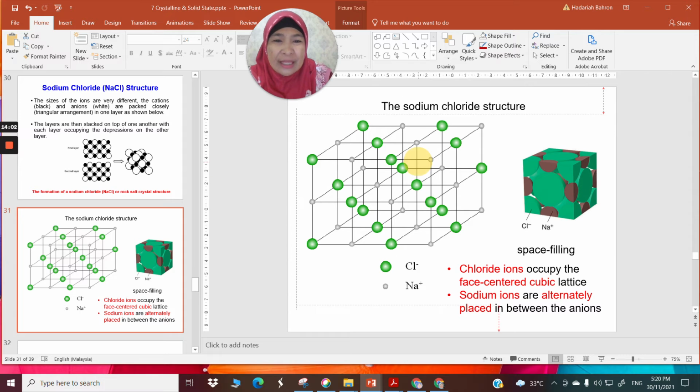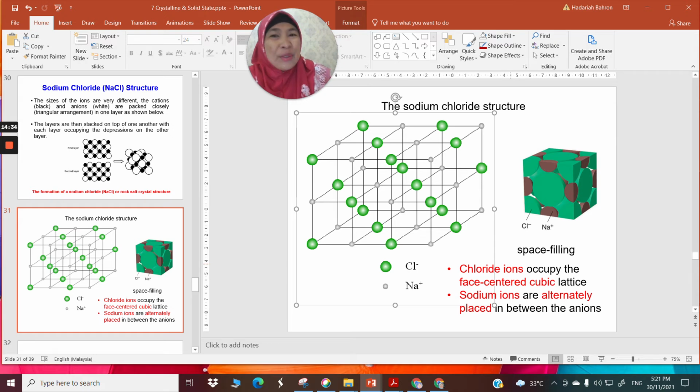So if you look at this extended lattice, just take 1, 2, 3, 4, 5, 6, 7, and 8. There's one extra layer here. You will be able to see that your chloride right there in the middle is connected to 1, 2, 3, 4, 5, and 6 sodium.